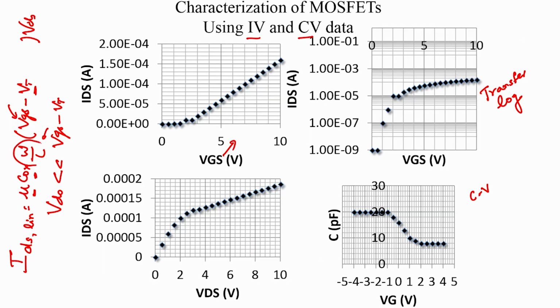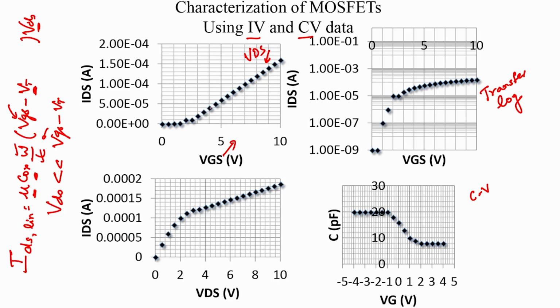The aspect ratio is known because we have designed the MOSFET. Okay, so we know the channel width and we know the channel length. VDS is known because we are performing the characteristics by setting it to a certain VDS. So, what remains is mu, Cox and VT, and we are going to use all these plots to define these terms, and we will use it to cross check and reconfirm these definitions.